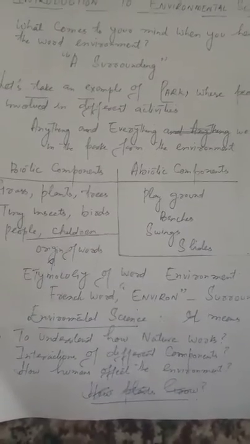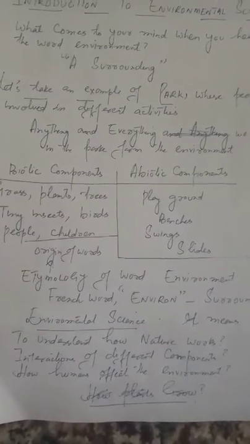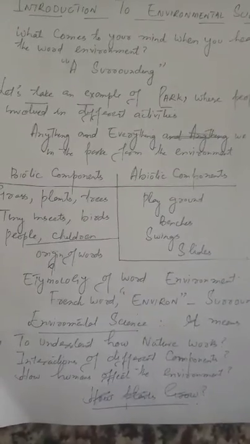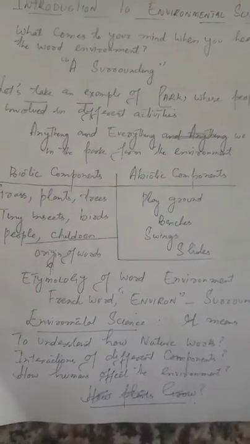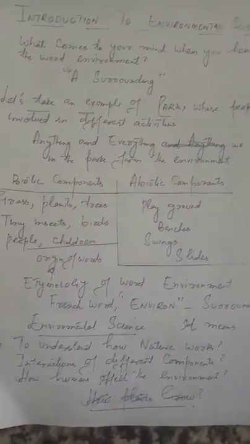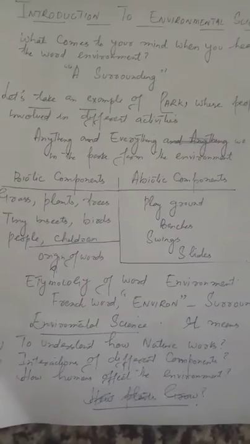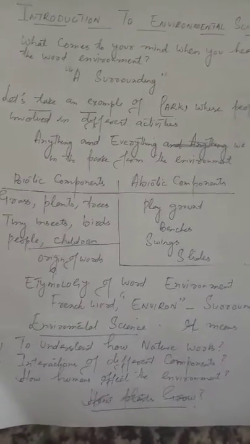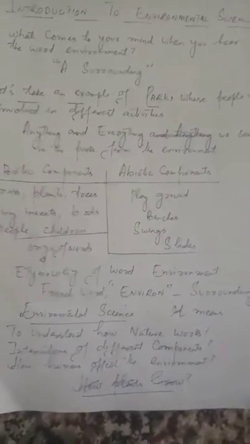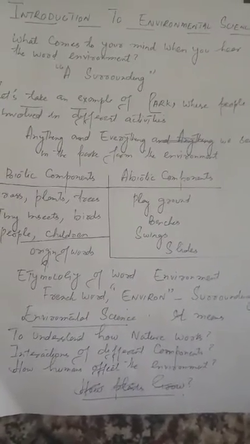In the next session, we will try to understand environmental science in a much deeper way, its scope and importance, and its relevance in modern times. Why does this subject have a lot of importance in the modern era?